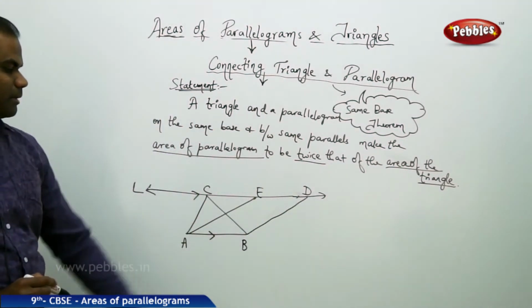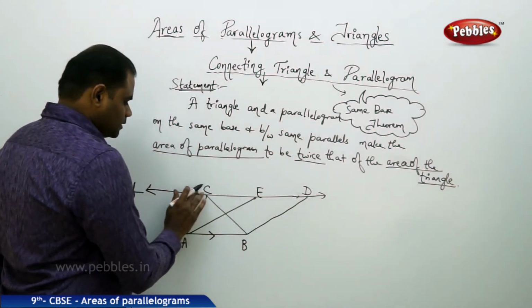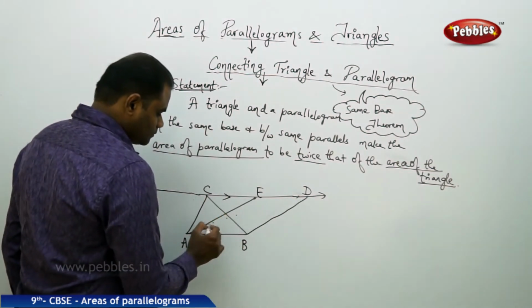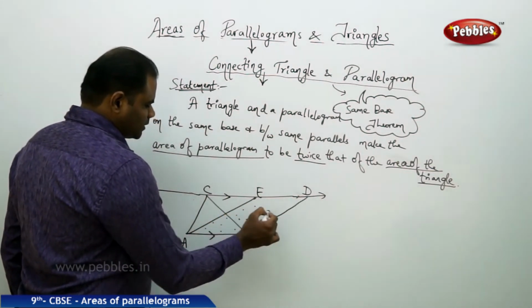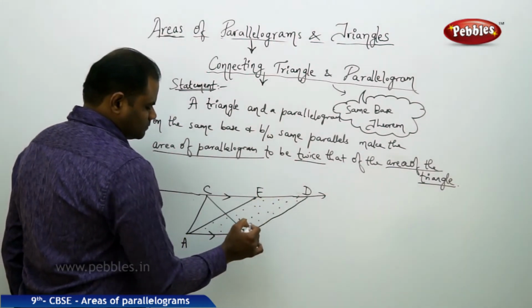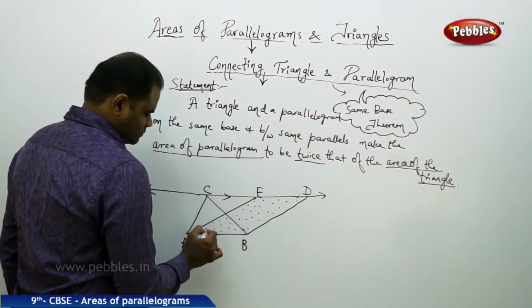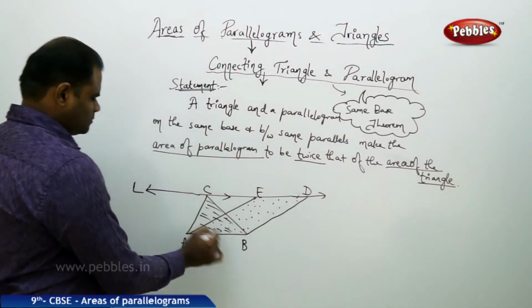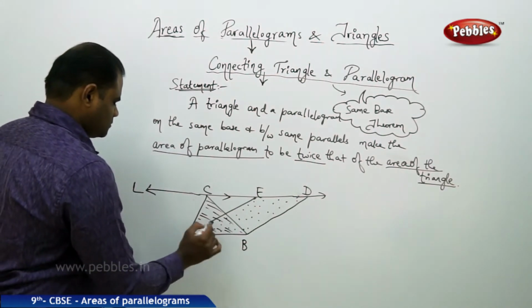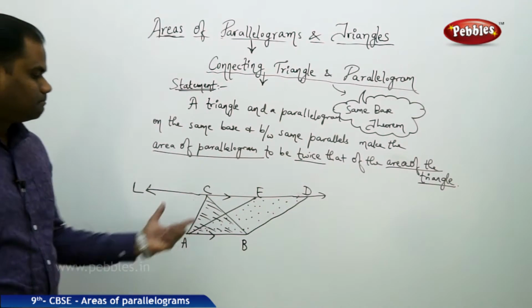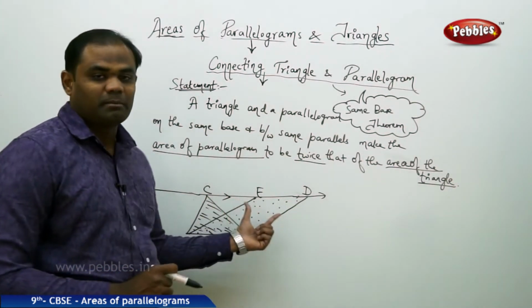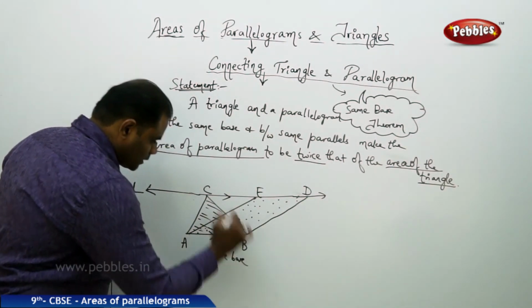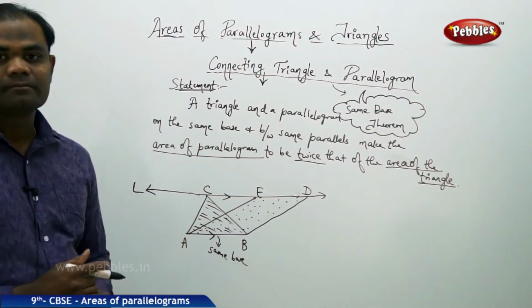So I have a triangle and a parallelogram between the same parallels and the same base. This is how we understand a triangle and a parallelogram on the same base AB and between the parallels L and AB.